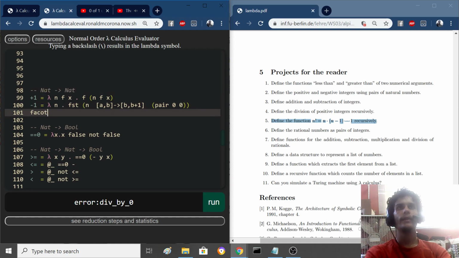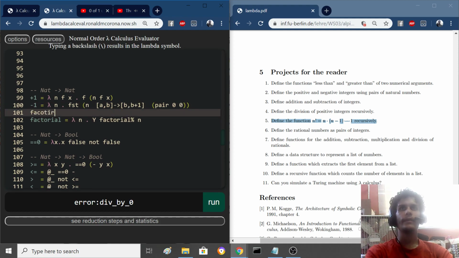Factorial. I know it's going to be recursive, so let me take an n, and it's going to use Y on the factorial recursive version over n.